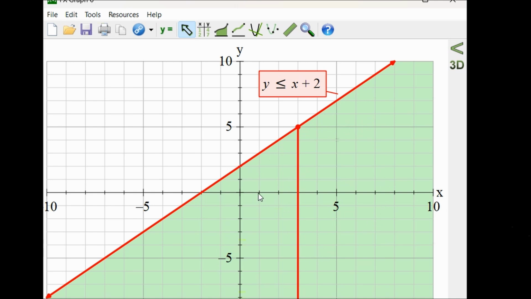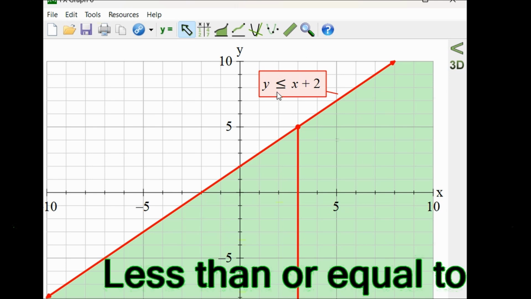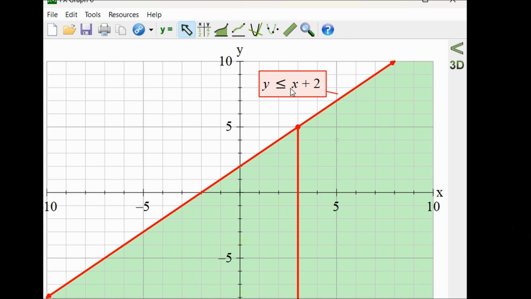So if we put x is equal to 1, it's all the values of y from there all the way down to negative infinity. It goes on forever and ever, downwards, all the values of y. So that's what this equation is doing. It is stating every single possible value of y that is less than x plus 2. So it is the shaded area. The shaded area represents all the possible values of y.